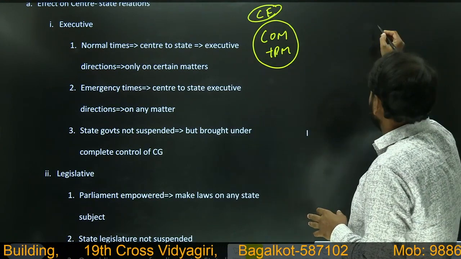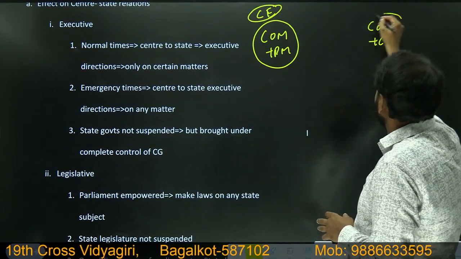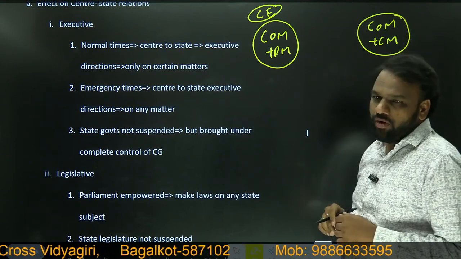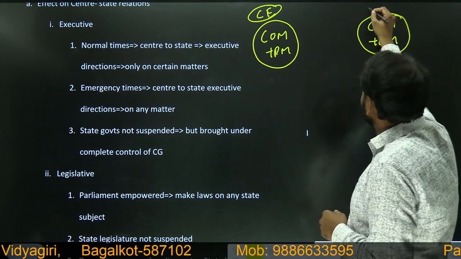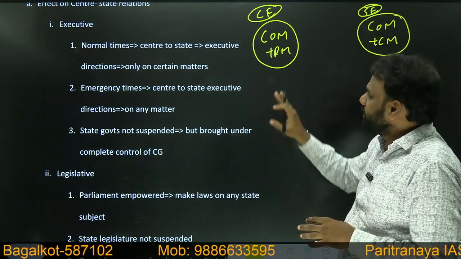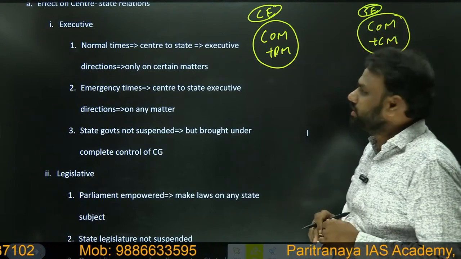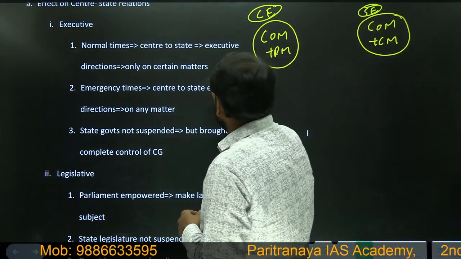When I say state executive, you should imagine the Council of Ministers plus the Chief Minister. So this is the state executive. In this context, when I say executive, it is the Council of Ministers headed by the Prime Minister, or the Council of Ministers headed by the Chief Minister.